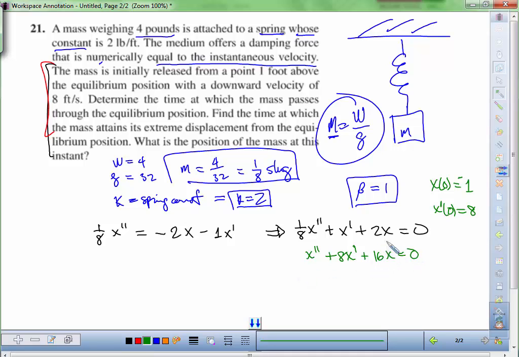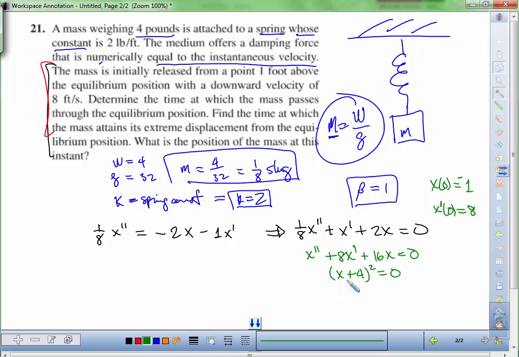You can factor this, right? So it looks like we have a repeated root, and the repeated root is -2.